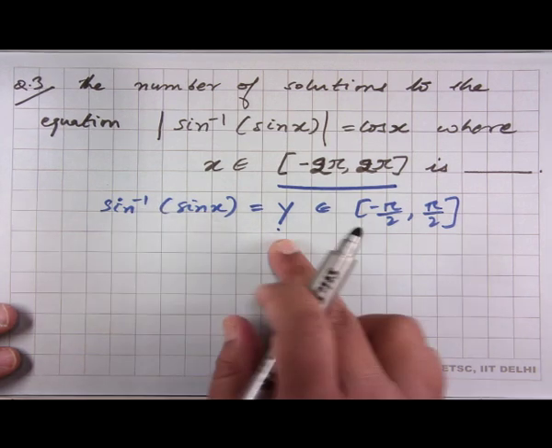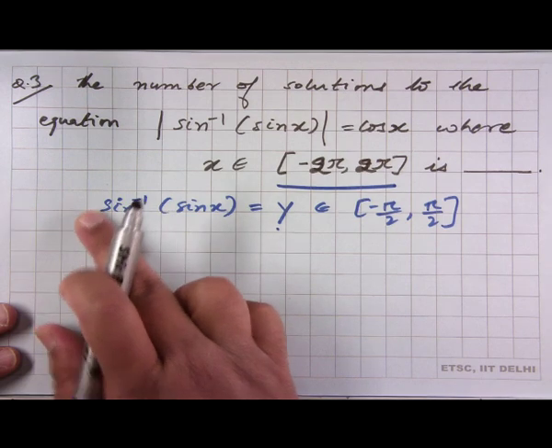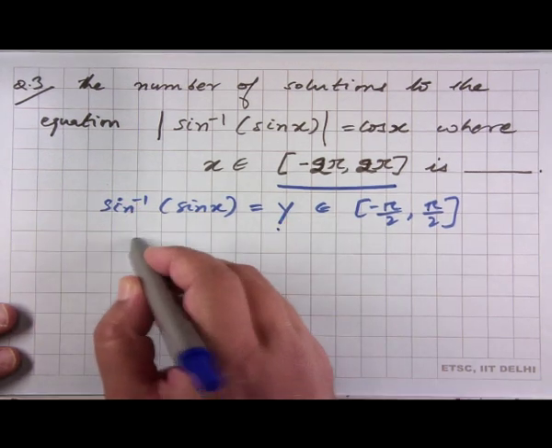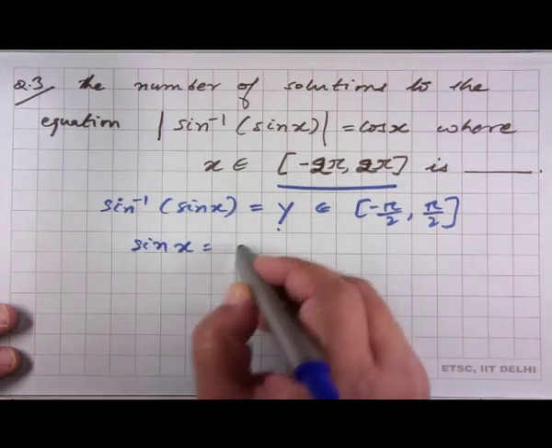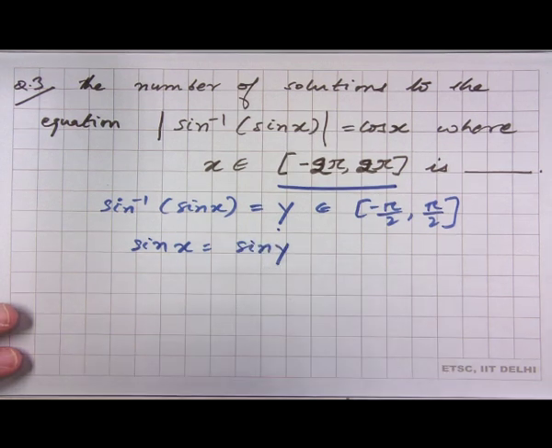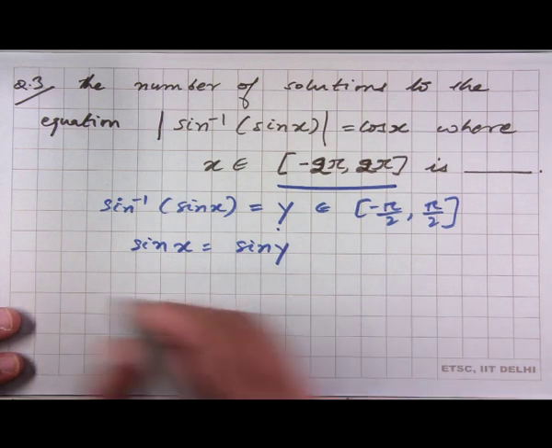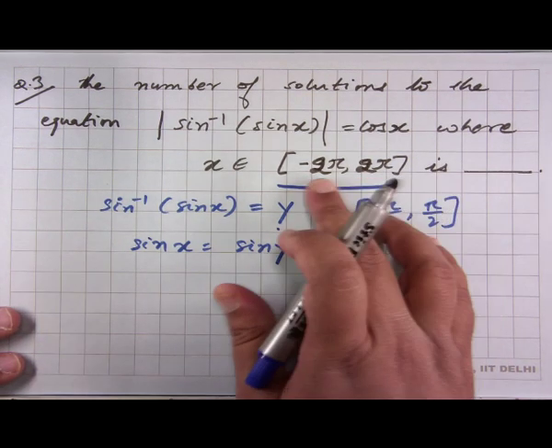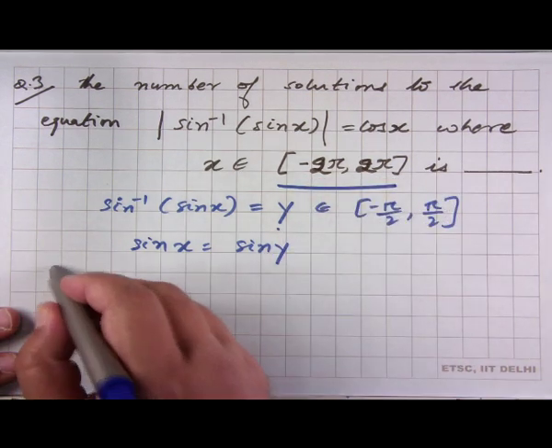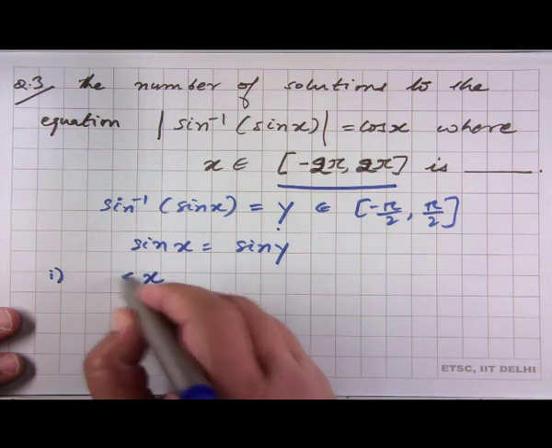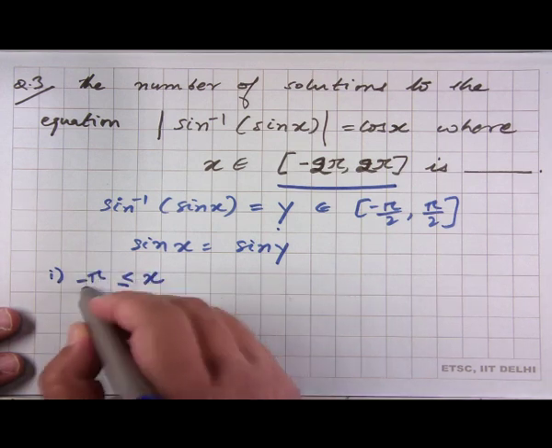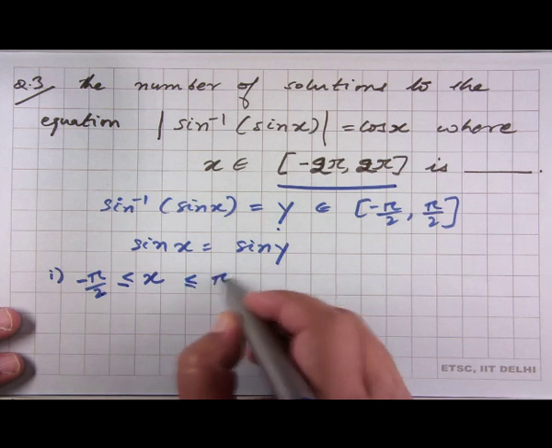So from here, if we apply the sine function on both the sides, then we get sine x is equal to sine of y. Now we divide this into several regions. The first region is when x is, let's say, between minus pi by 2 to plus pi by 2.